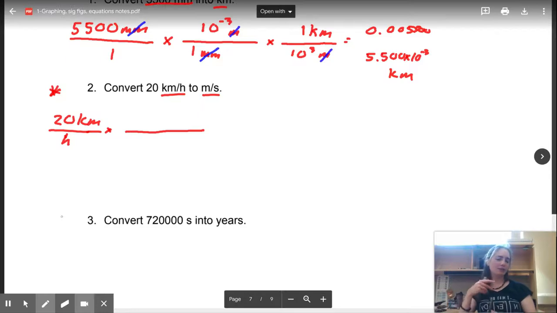So let's do one at a time. Get it? One at a time. So I'm going to convert meters first. When you go back up to your table, ladies and gentlemen, you are going to see that in 1 kilometer, there are 10 to the power of 3 meters. So I'm going to take my 10 to the power of 3 meters and put that there.